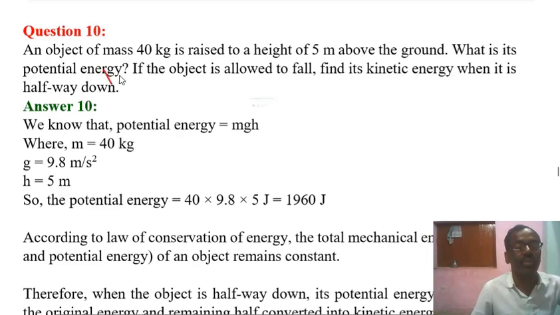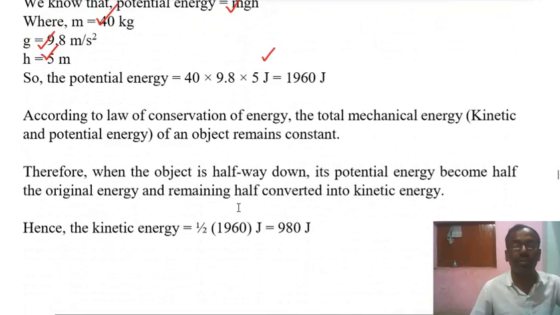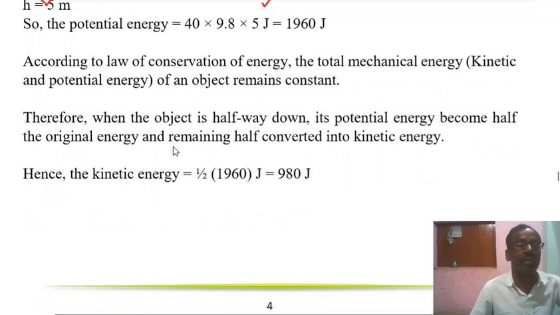So the answer of this question will be, we know that potential energy equal to mgh, where m equal to 40 kg, g equal to 9.8 and h equal to 5 meter. So the potential energy equal to 40 into 9.8 into 5. So this one will be 1960 joule. Let's see next problem or question of this exercise.